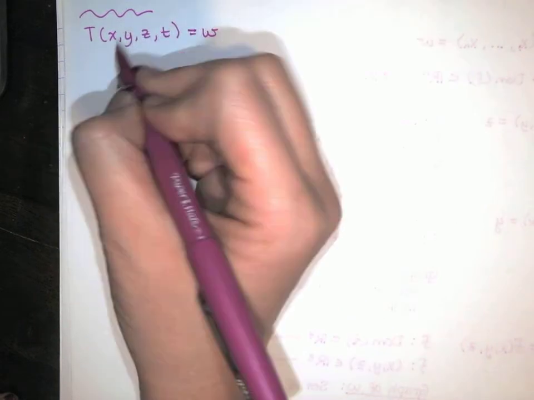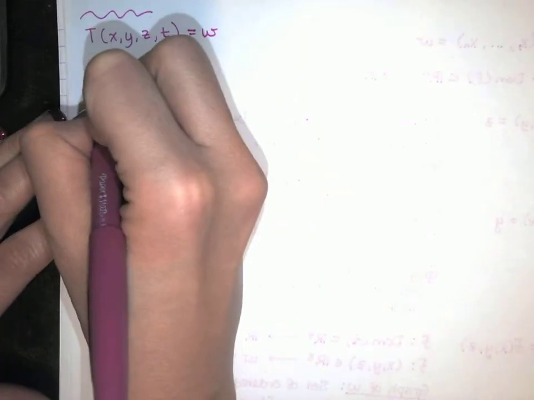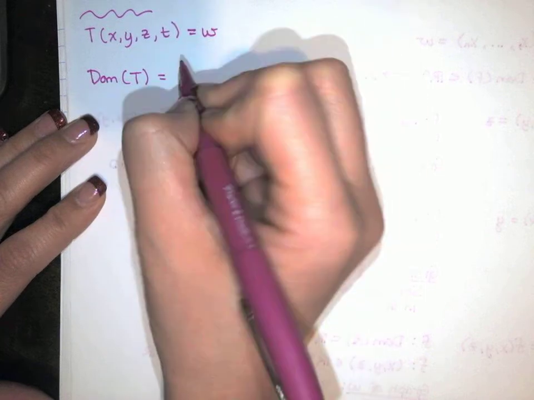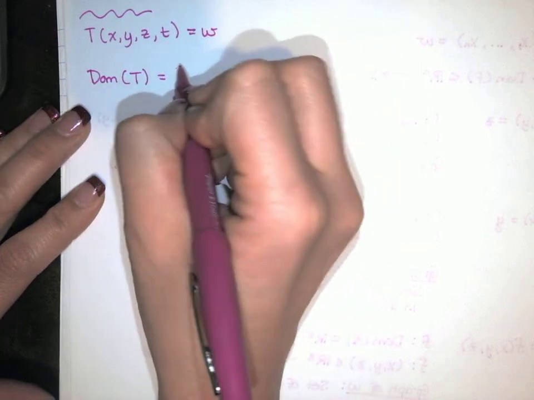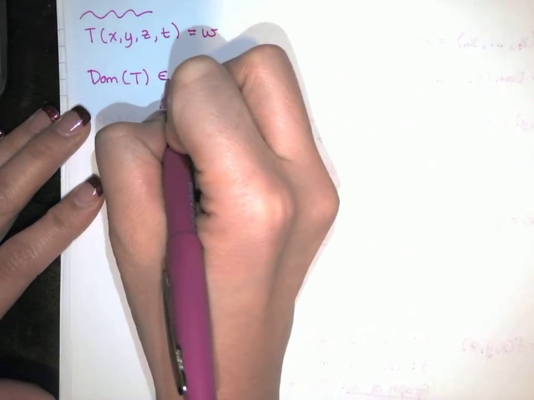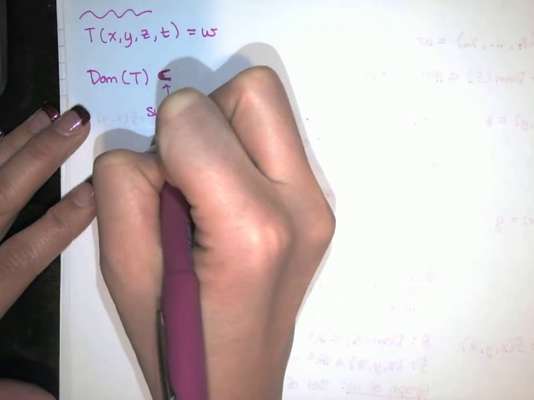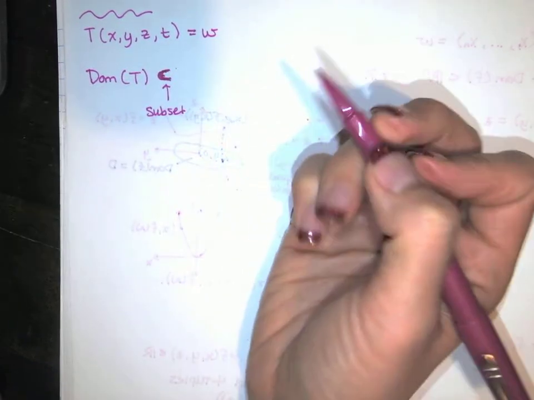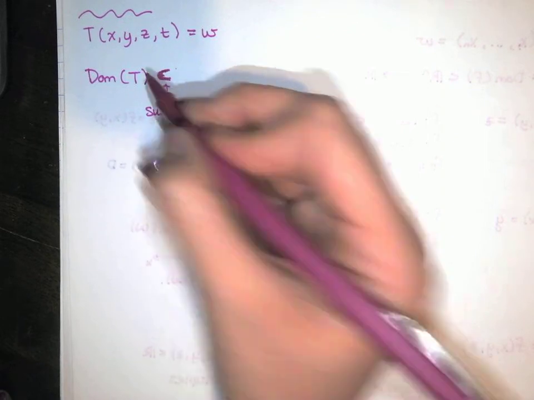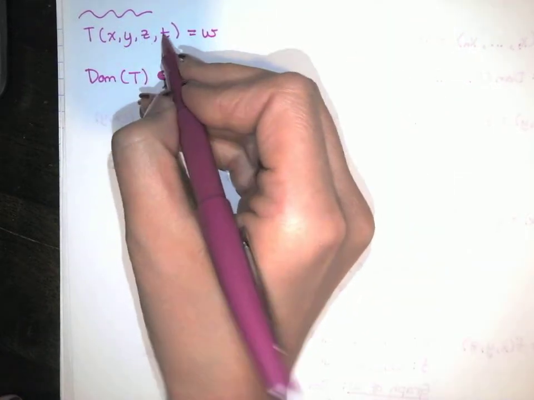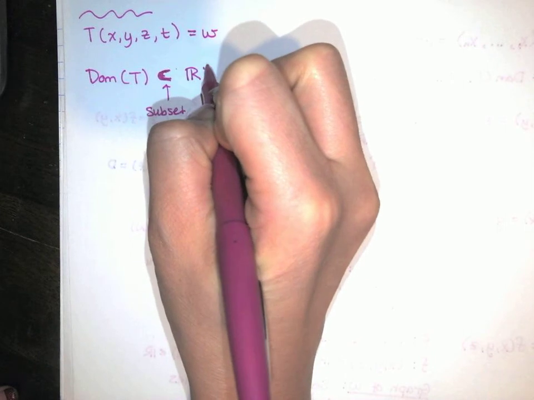Now the graph of this, or excuse me, the domain of this is going to be a subset. Oops, I'll just write subset. That notation looks like a sideways U. That means that this is a subset of 4-dimensional space.